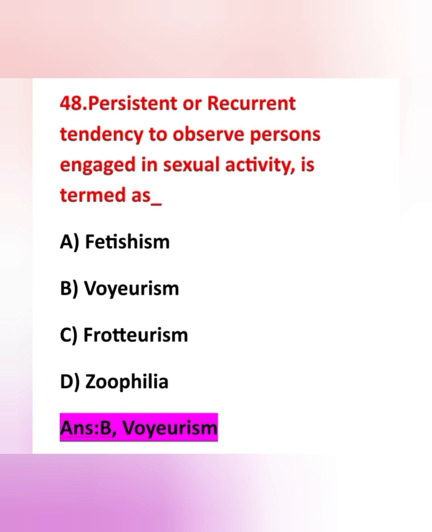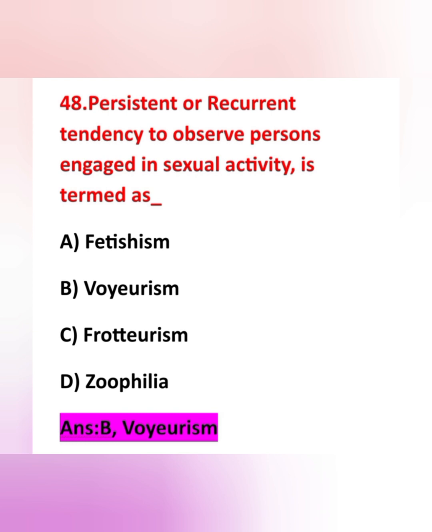Voyeurism is a tendency to observe persons engaged in sexual activity. Among the remaining options, fetishism means sexual arousal occurs with a non-living object. Frotteurism is also a sexual disorder in which the patient is involved in the act of touching and rubbing persons, usually of the other sex.